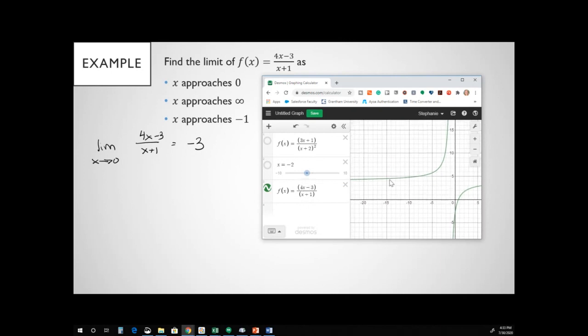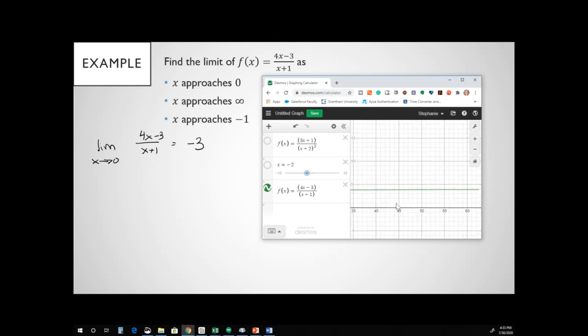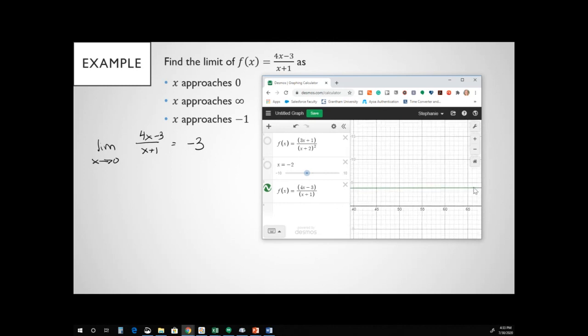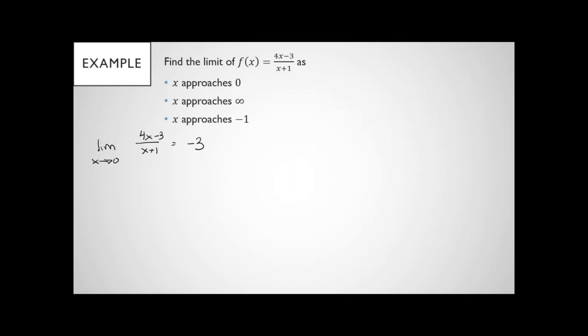So we're looking at the horizontal asymptote, and we're looking at as we go to the positive values, and it almost looks like it's exactly at y equals 4 here. So as x goes to infinity, our graph is approaching 4. So the limit as x goes to infinity of (4x - 3) over (x + 1) is equal to 4.